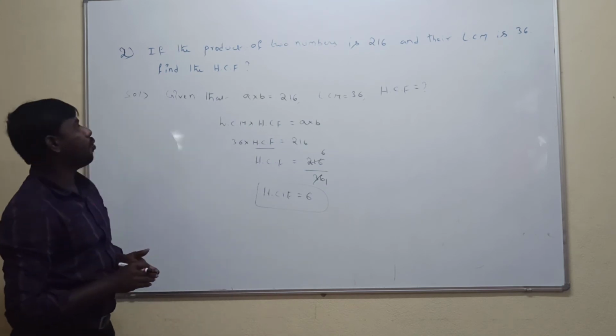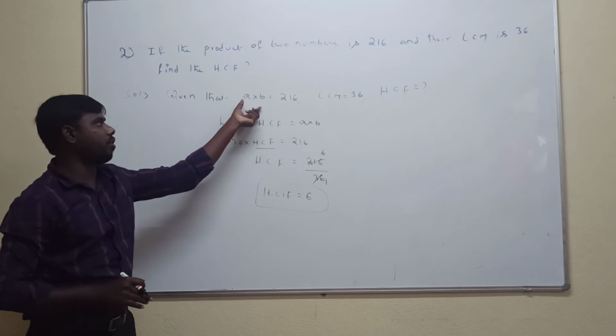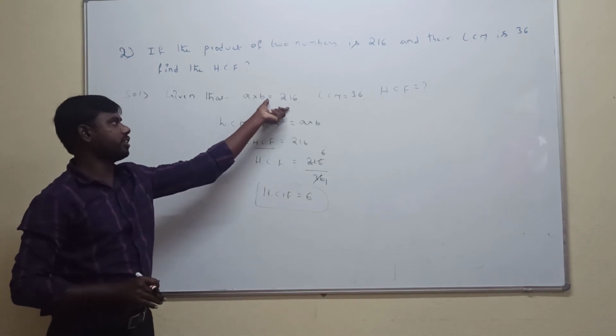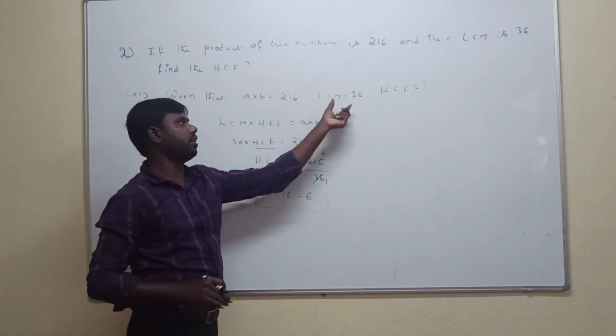Everyone understood? What is given? The product of two numbers is 216, which is A cross B. The LCM value is given as 36.